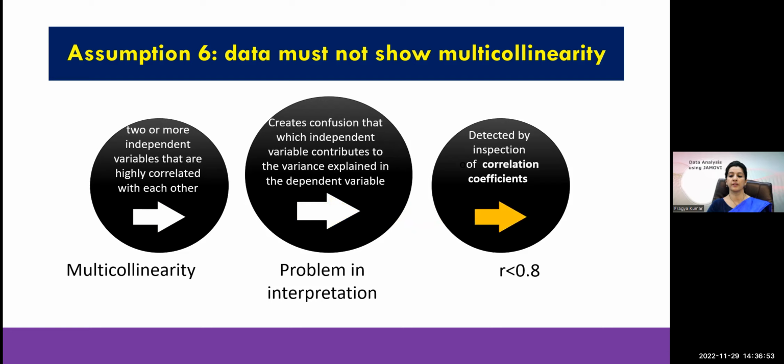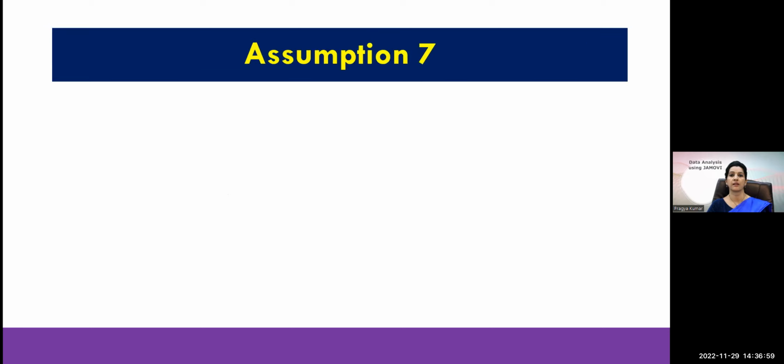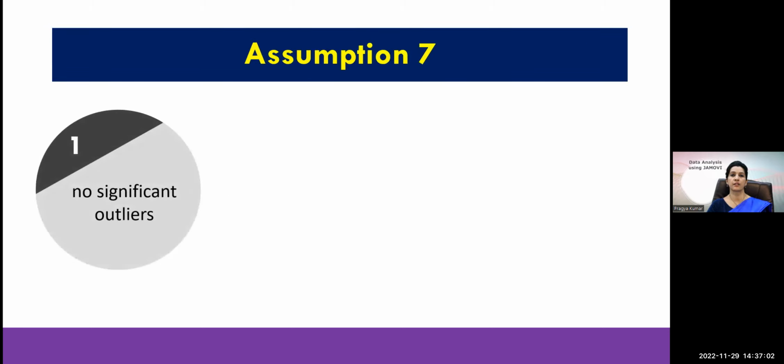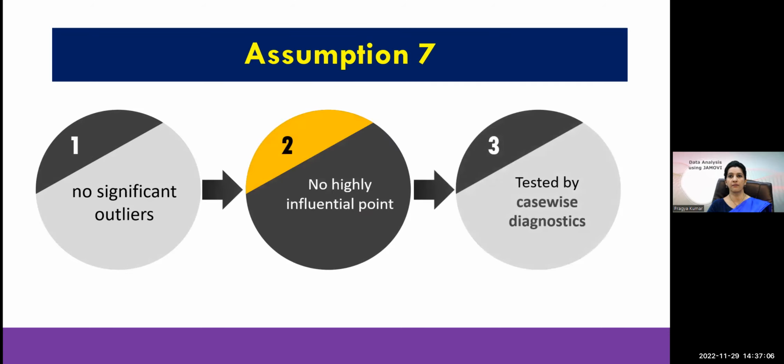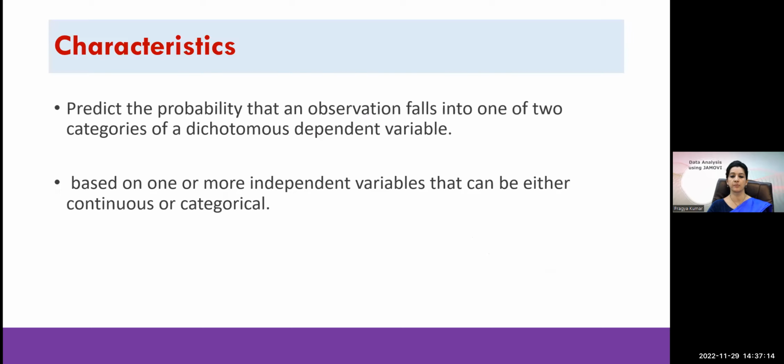So the value of this correlation coefficient should be less than 0.8. And then there should not be a significant number of outliers or highly influential points, which we test by the case-wise diagnostic, which I think we don't get in Jamovi, but it is there in SPSS.